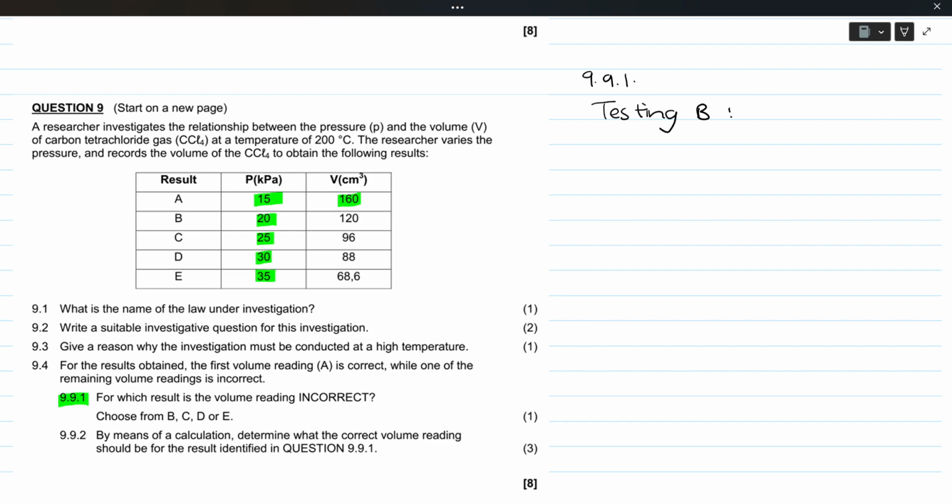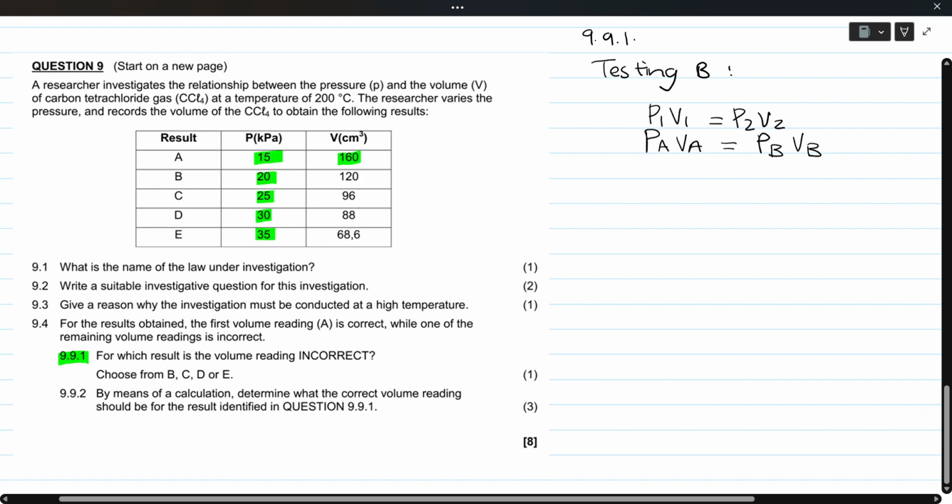reading B. Okay, the equation we're using is P1 V1 equals P2 V2. Now remember that these are just subscripts, right? I can replace that with the letter of the reading that I'm using. So for instance, I know I'm plugging in pressure A, volume A, and I'm testing for B, so it's going to be pressure from B and the volume from B, right?